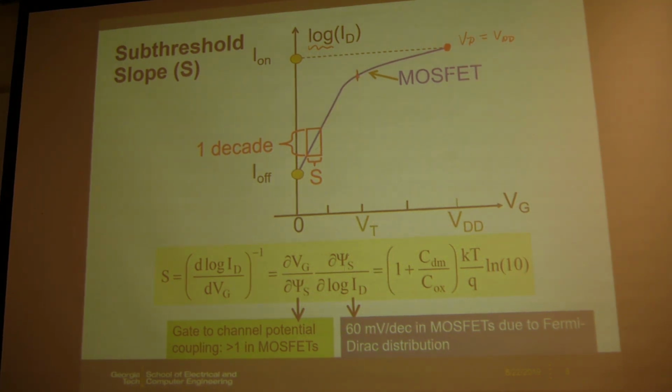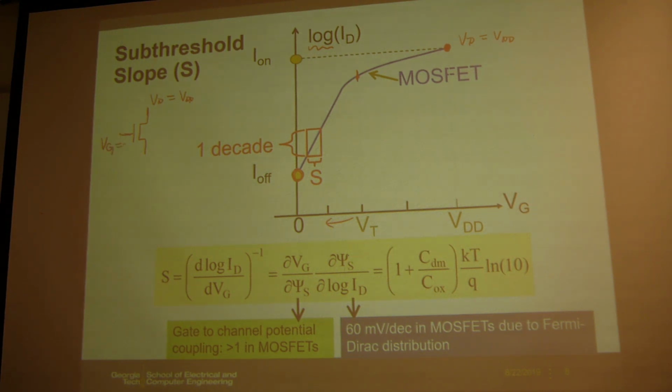Below the threshold voltage, ideally, the transistor's current is 0, but in reality, it's not 0. The drain current will exponentially decay as you reduce the gate voltage below the threshold, but it will not become 0. So here, when the gate voltage becomes 0, you still have some current. This is when VD equals VDD.